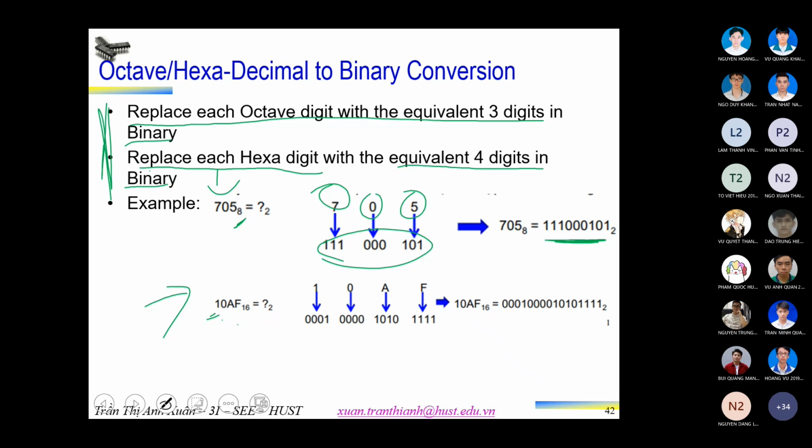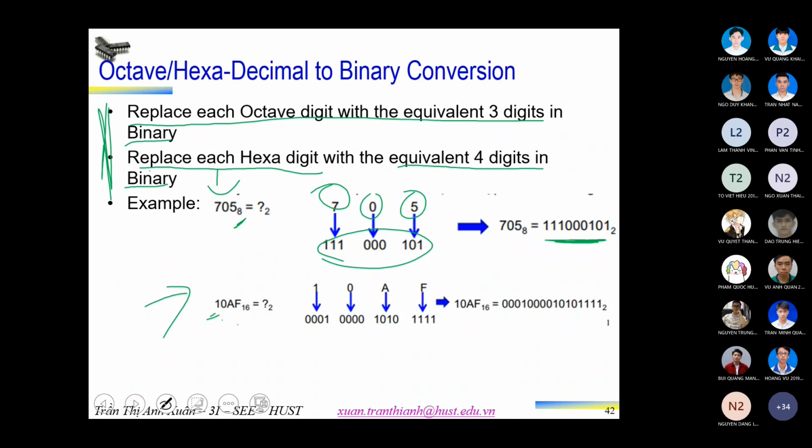The A character in hexa is equal to 1010 in binary. The 0 digit is equal to 0000 in binary.